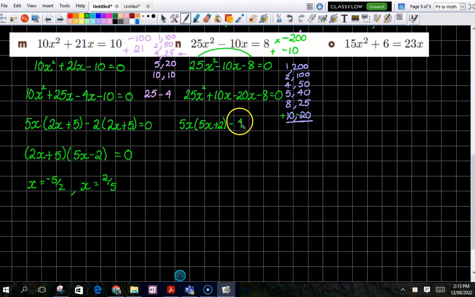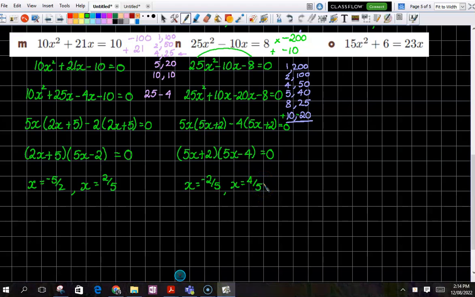Common factor, minus 4. 5x, lo and behold, plus 2. And pull out that common factor. And we get 5x take 4. So x equals minus 2 over 5. x equals 4 over 5.